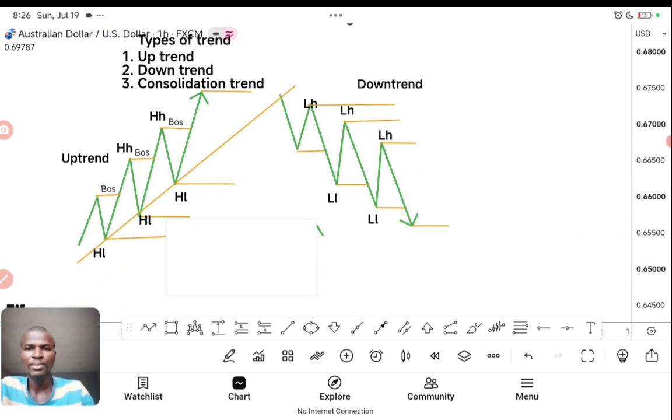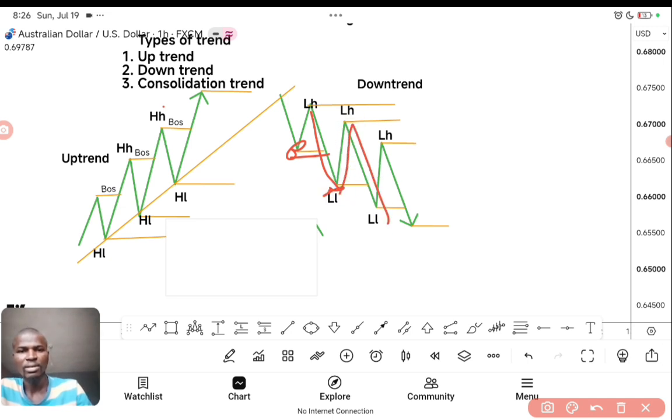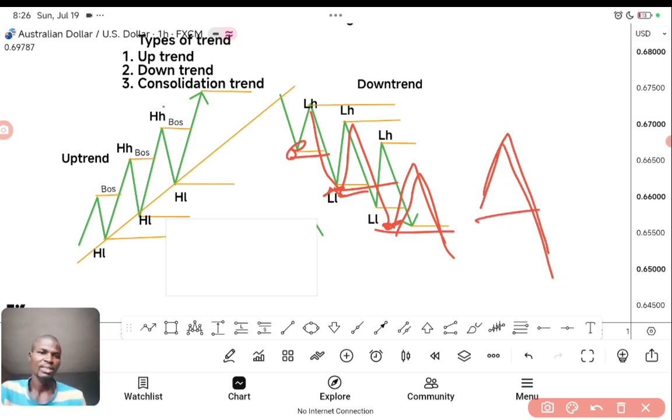This is for downtrend. When a structural point is being broken to the downside, as you can see, another break of structure. A structural point is being broken to the downside. You can see a break of structure to the downside.